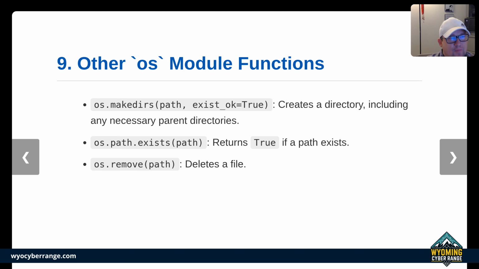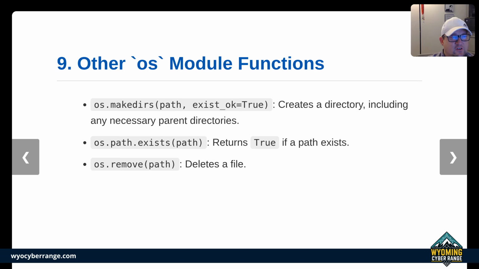The os module, on the other hand, has a ton of other tools, okay? Some of these other tools could be like os.makedirs. This will create a directory and is smart enough to know if there are any parent directories along the way and what operating system we're working on. The os.path.exists is a simple way to check to see if a file or a directory exists before we try to use it.